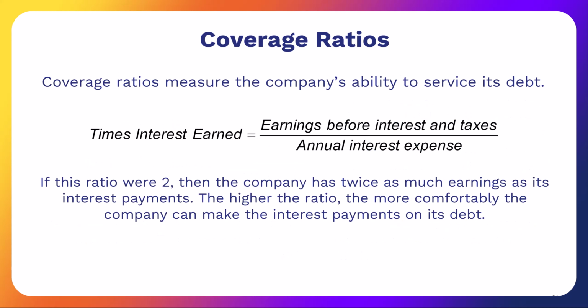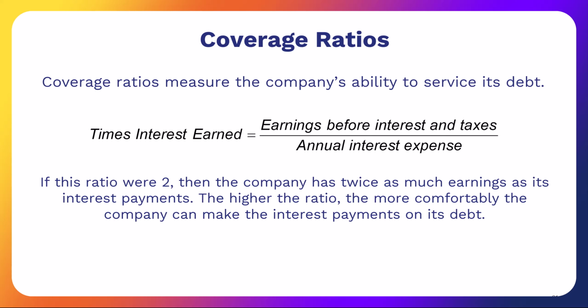Coverage ratios measure the company's ability to service its debt. The TIE, or times interest earned ratio, tells us what? It's operating profit divided by the interest expense.